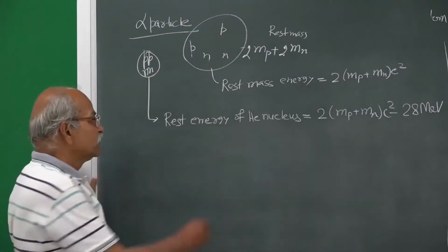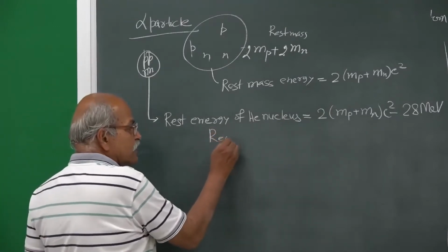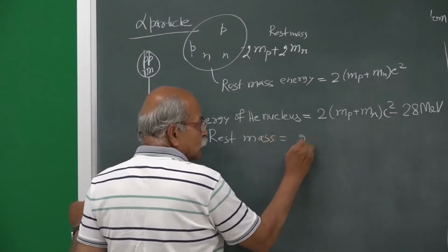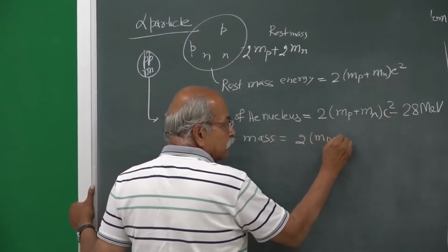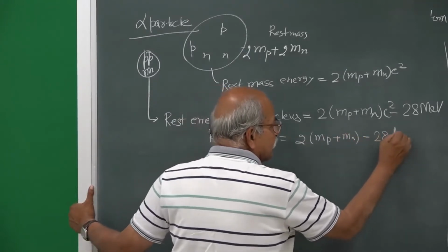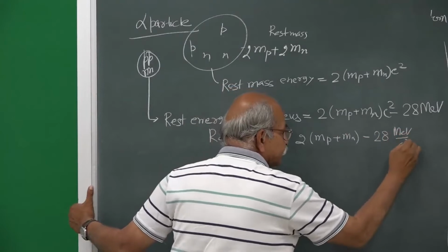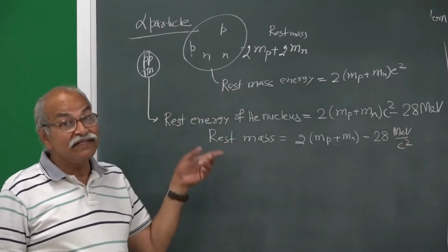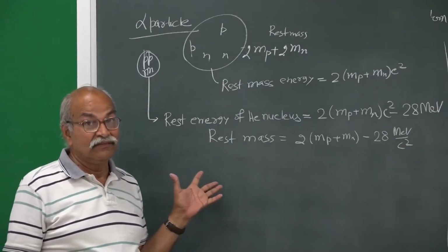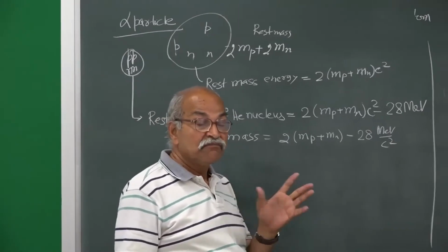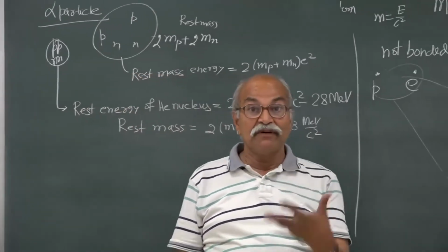Correspondingly, the rest mass is just this divided by c square. So the rest mass of the helium nucleus will be 2 mp plus 2 mn, minus 28 MeV by c square. And these are experimentally measured quantities. You can very accurately measure the mass of proton, neutron and alpha particle.